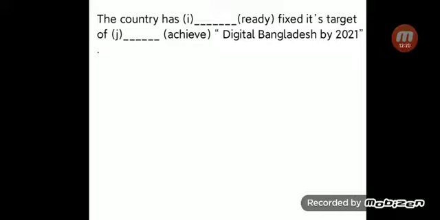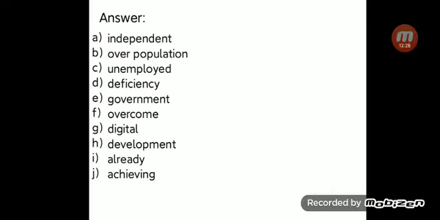Okay, dear student, I think you have already finished your task. Now let us find the answer of these words, and I am giving here suffix and prefixes with the root word. Answer: A, independent.